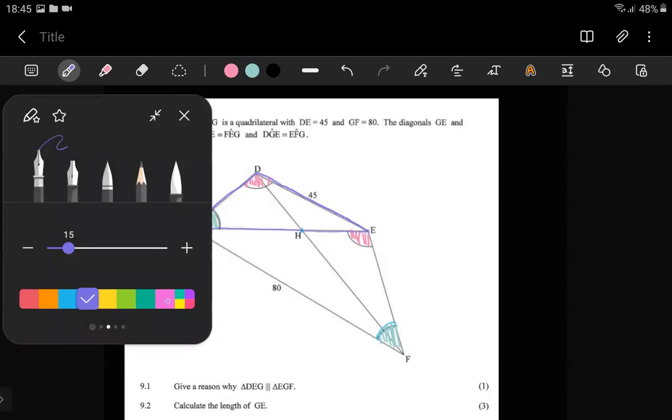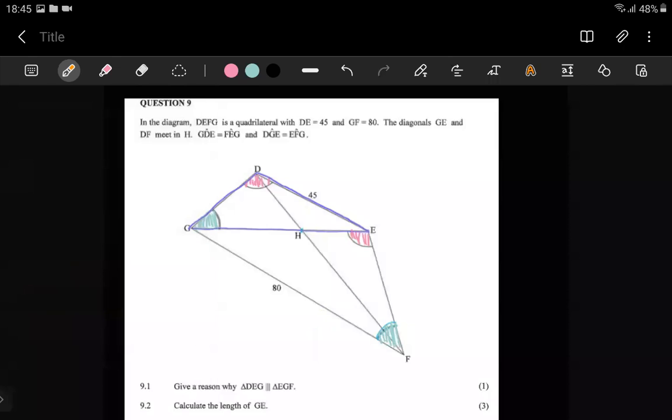And then the other triangle we're talking about is EGF. So there's EGF, over there and over there. So the moment we have highlighted these two triangles, it becomes clear to us why this is a 1-mark question.